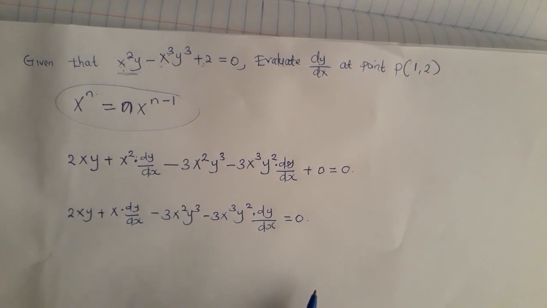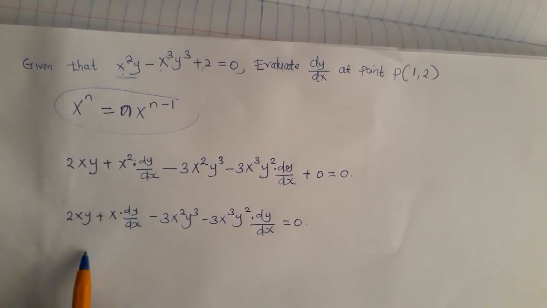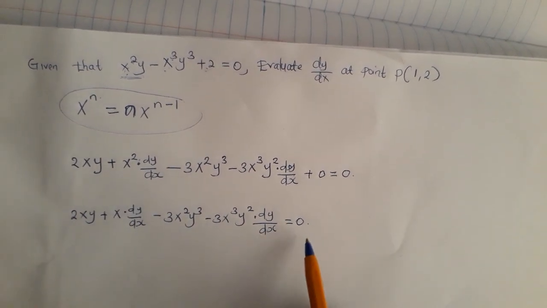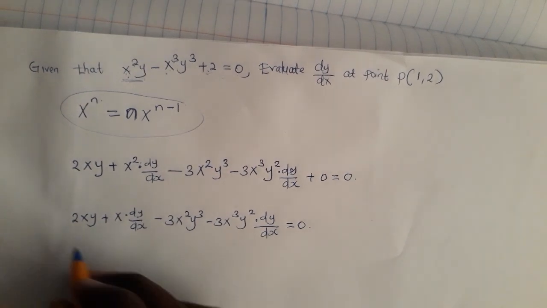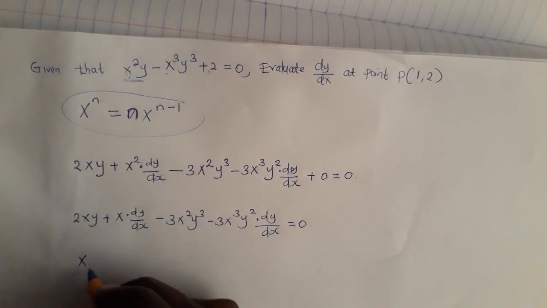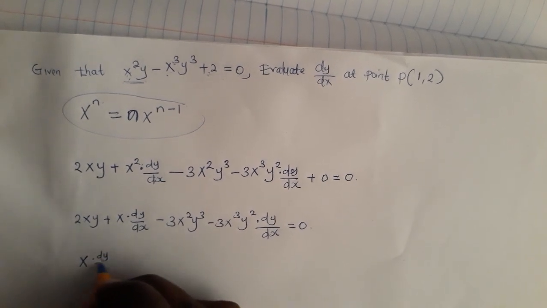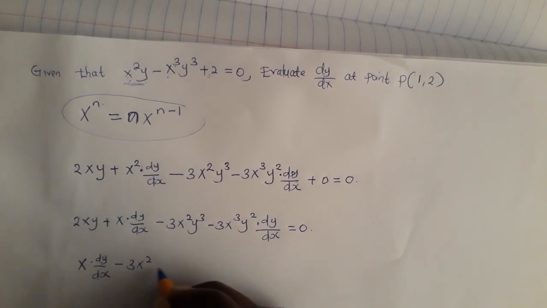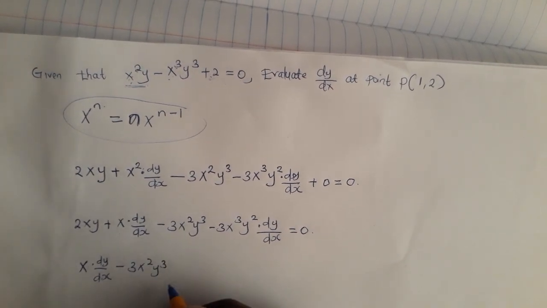So let us collect like terms here. Those with dy over dx remain on one side, and those without dy over dx cross the equal sign.